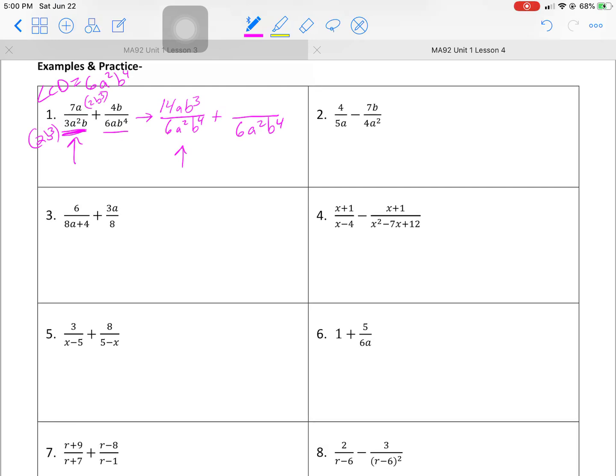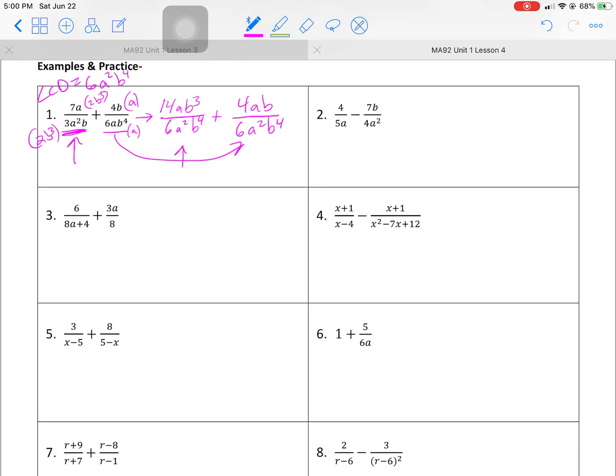Now how does this one go to that one? Well, 6 is the same, so we're not multiplying by anything numerical. It has one A, but it needs another A. It doesn't need a B, it already had a B to the 4th, so it just needs an A. So that got multiplied by an A, and that gets multiplied by an A. So 4AB.